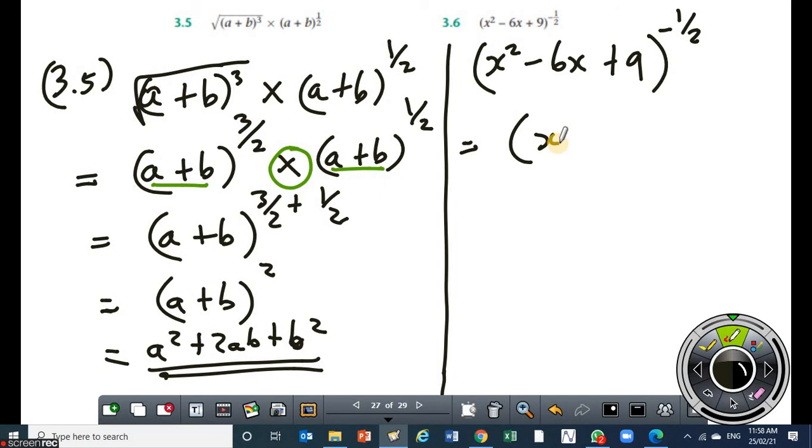It will be x minus 3 all squared. Right? It's x minus 3 all squared.